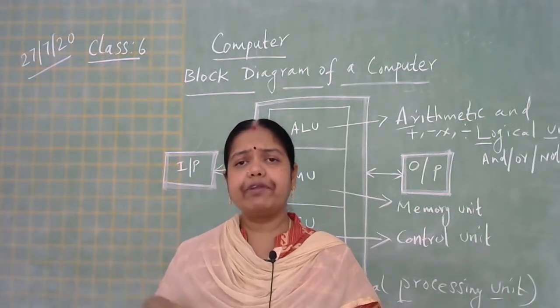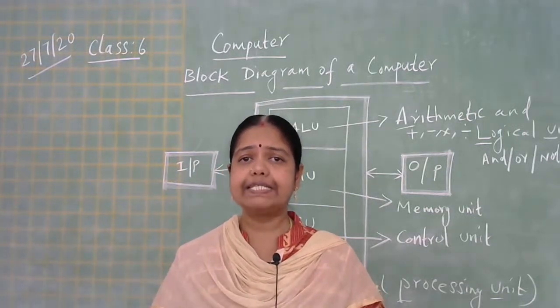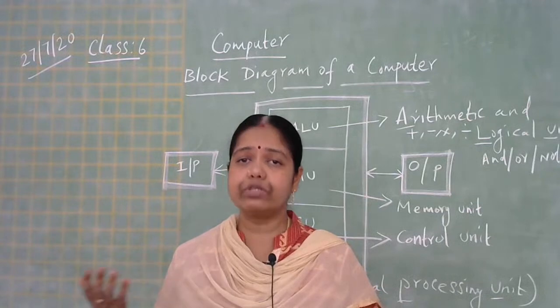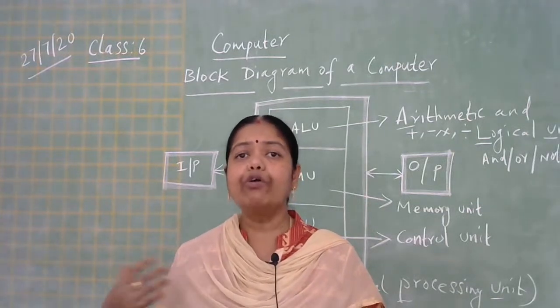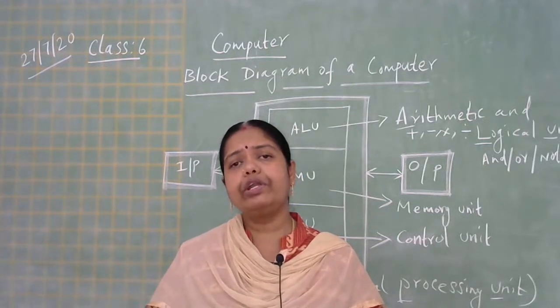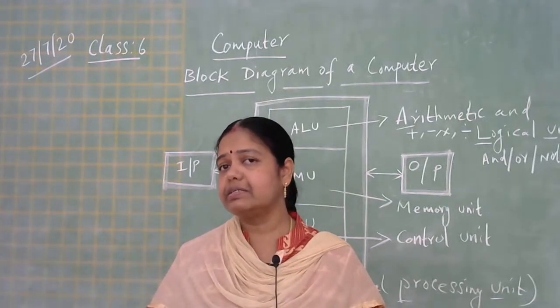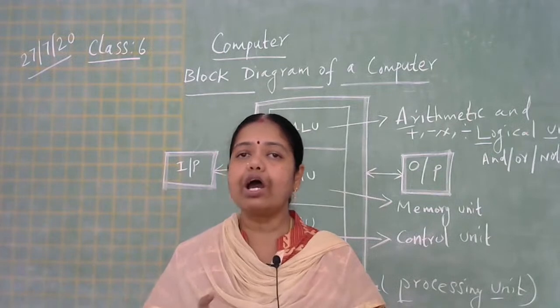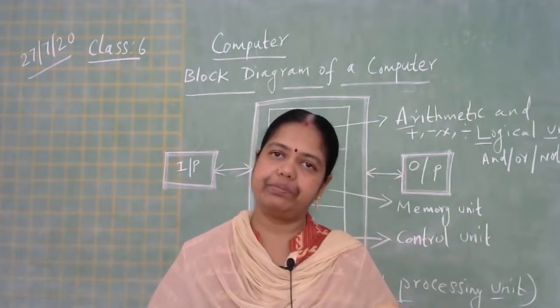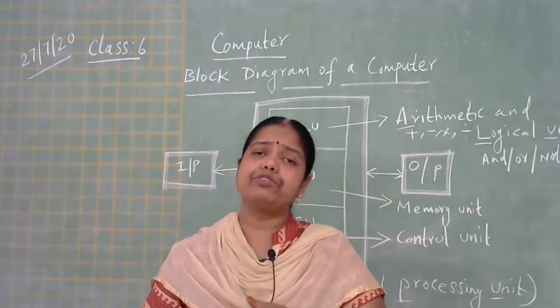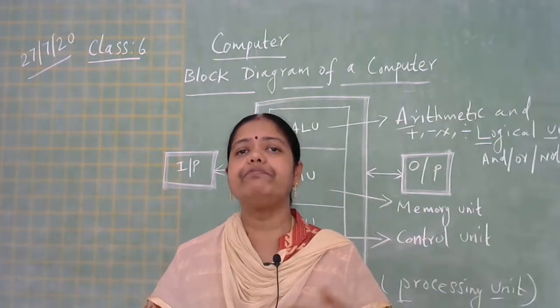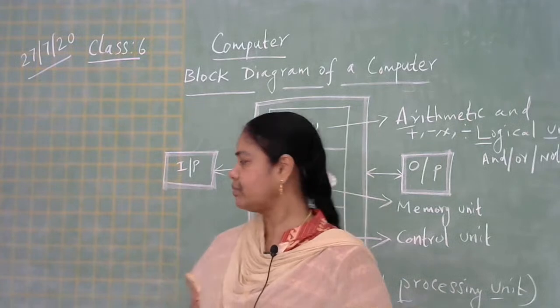So for different types of control passing to various units like memory unit, input unit, output unit, the control unit controls the overall operation of the computer. It sends different types of signals to various units.